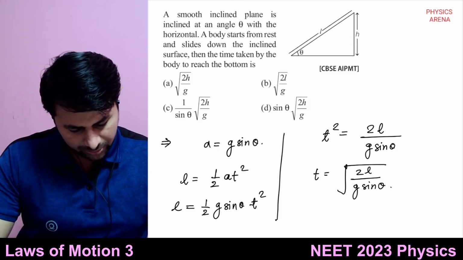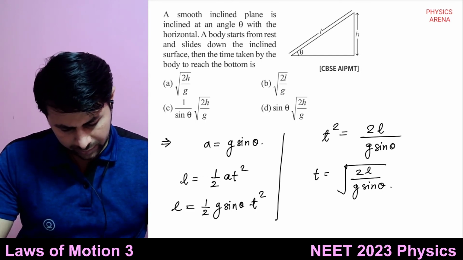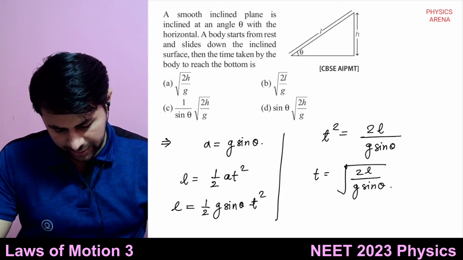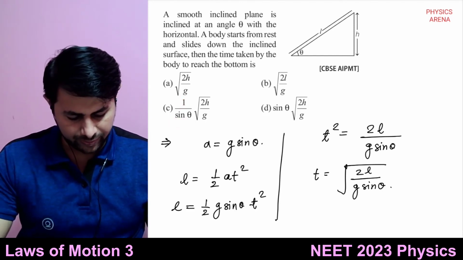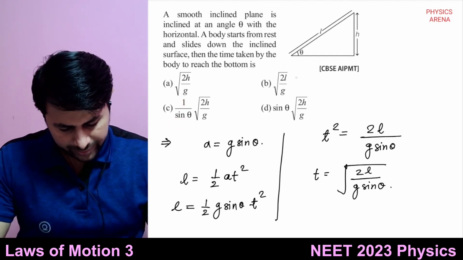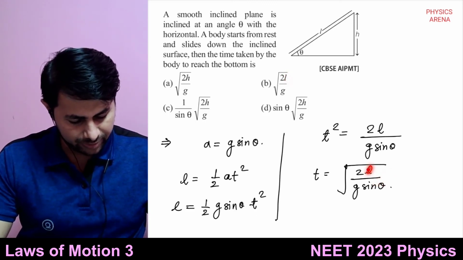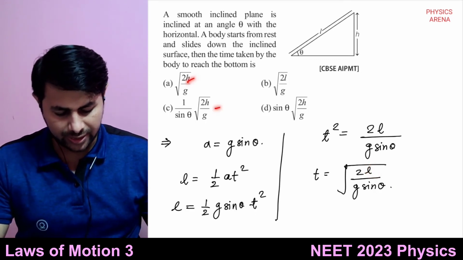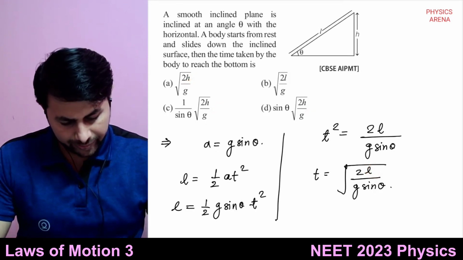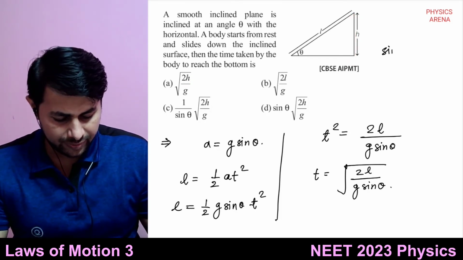So is there such an option? Option C? No, but this sine theta is outside and there is no L. Here there is L, but this is not matching. That means we have to substitute for L, because other options are in terms of H. So what is sine theta here?